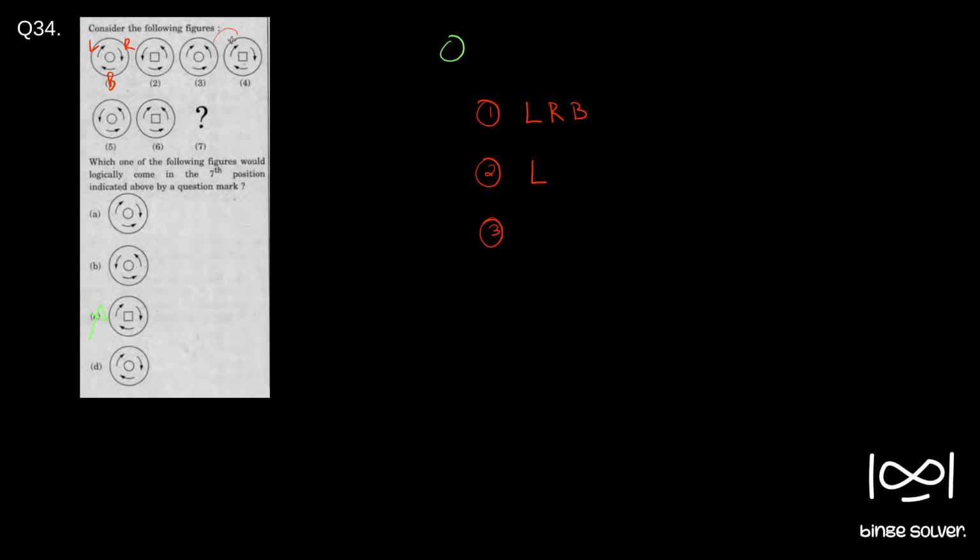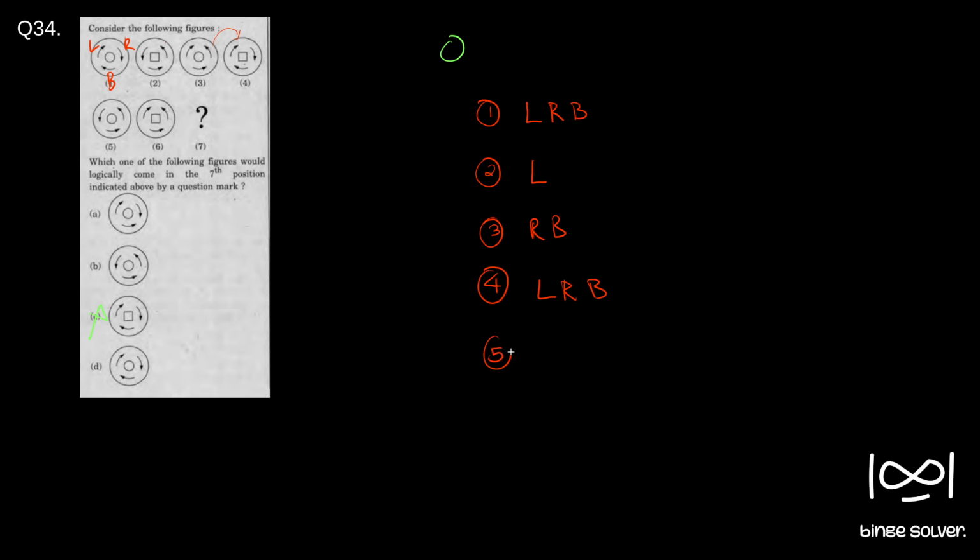Now third to fourth, if you see, left arrow is not changing, but right arrow is changing. Right arrow is getting inverted, and bottom arrow is also getting inverted. And fourth figure, if you see, left arrow is getting inverted, right arrow is getting inverted, and bottom arrow is also getting inverted.